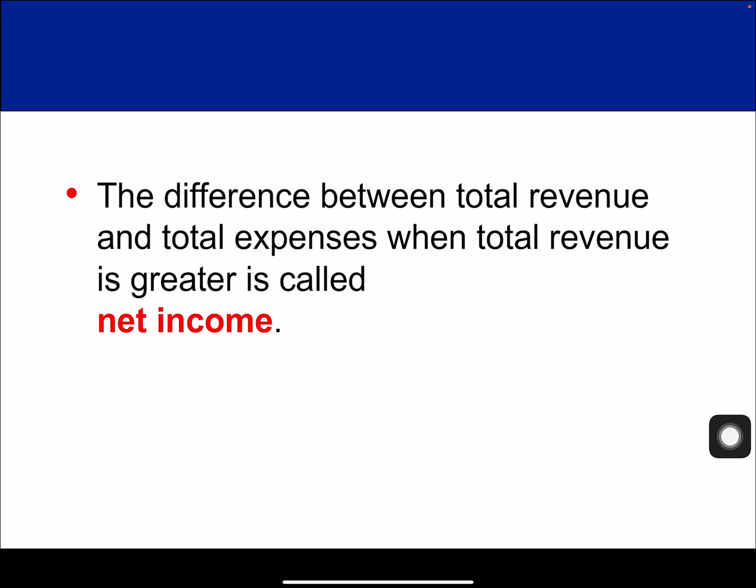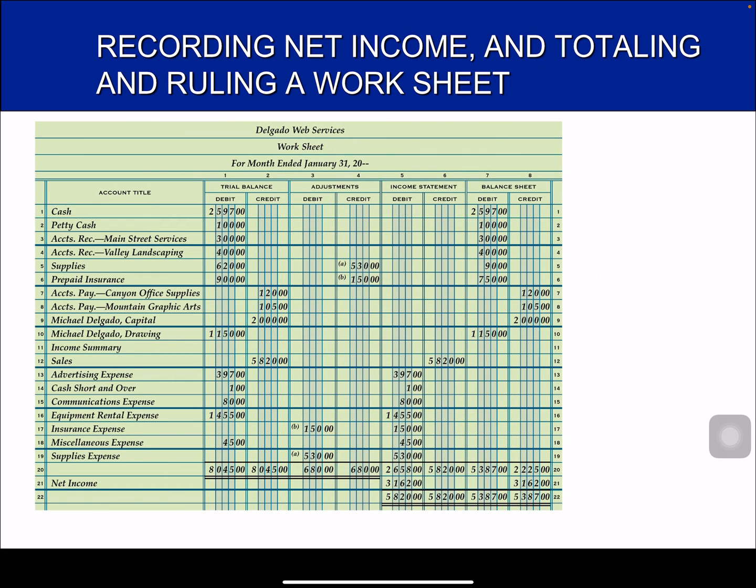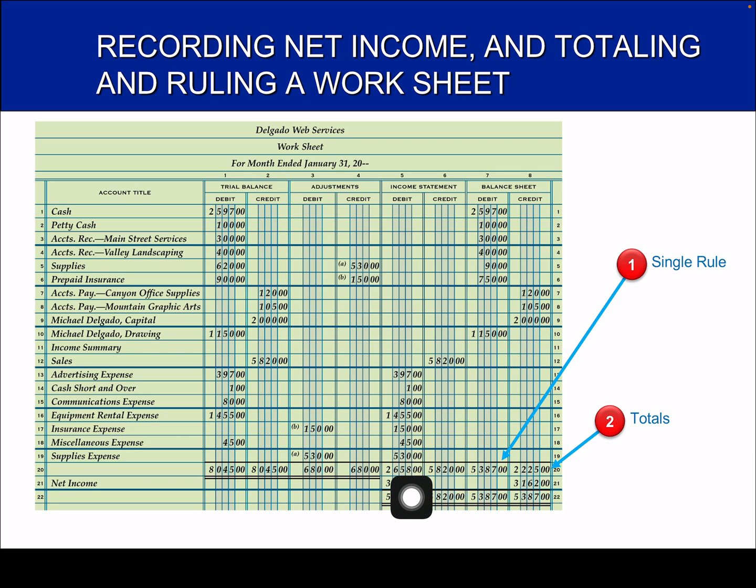The difference between the total revenue and the total expenses when total revenue is greater is called the net income. After we are done transferring all these, we will draw a single line across there. We will write our totals, and you will see these totals will not balance out yet. So we write the totals of all 4 columns.